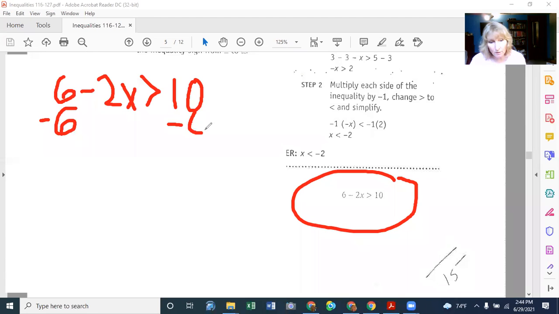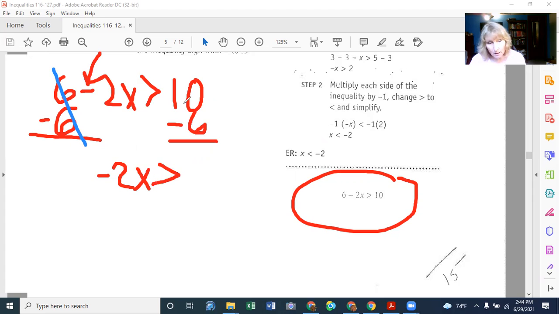Whatever you do to one side, do to the other. So now my 6 minus 6 will cancel out. And I will be left on the left side with -2x. Don't forget there's that negative sign in front of that 2. It's right up here. Don't forget about it. Negative 2x is greater than 10 minus 6 is 4.